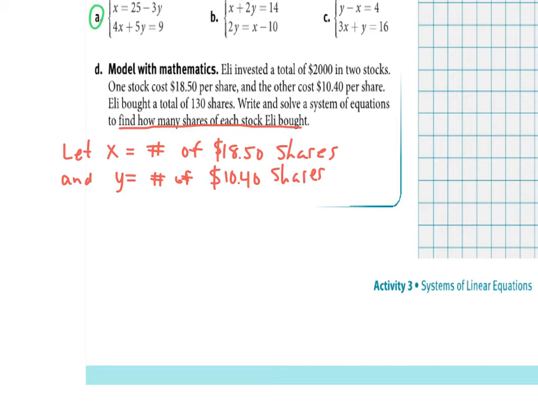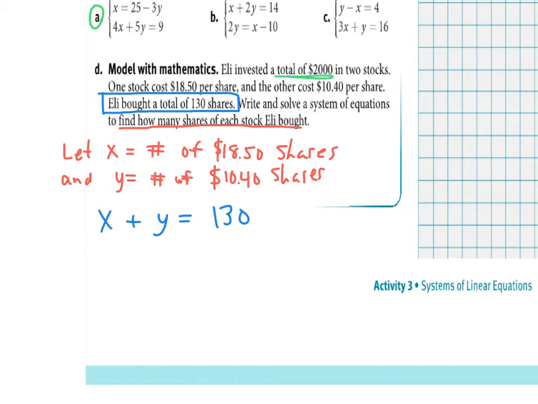Okay, so let's see if we can write some equations. Keep in mind, x and y are the number of shares. So when I see this statement, Eli bought a total of 130 shares, I know some of those were the $18.50 and some of those were the $10.40, but the total combined, the x plus y, is 130. That's the number of shares. Our next equation will be the one that deals with the amount.